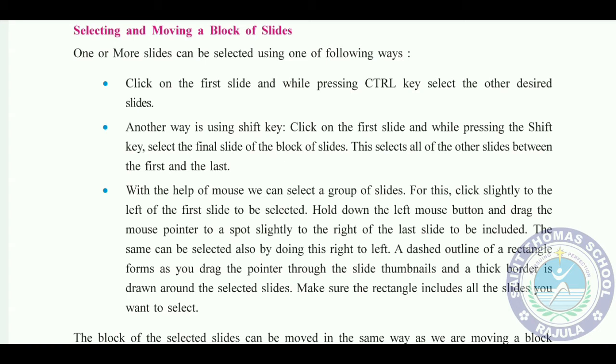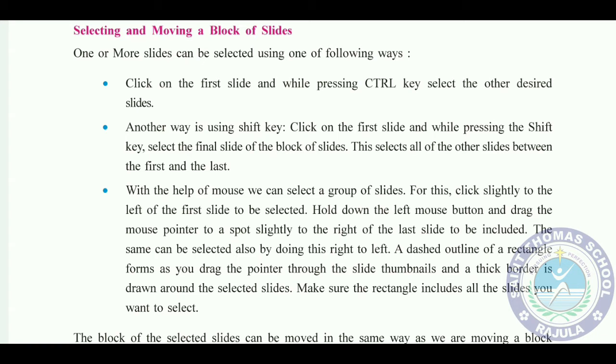Then you can release it, and the block of slides will be selected. It is like selecting a block of text: when you are dragging the mouse, it will show you the dashed outline of a rectangle that forms as you drag the pointer through the slide thumbnails.